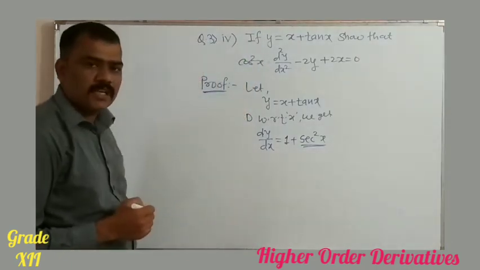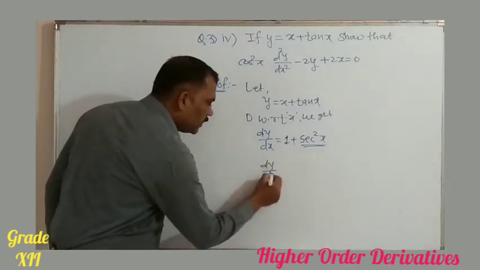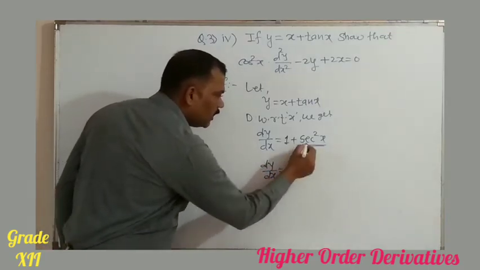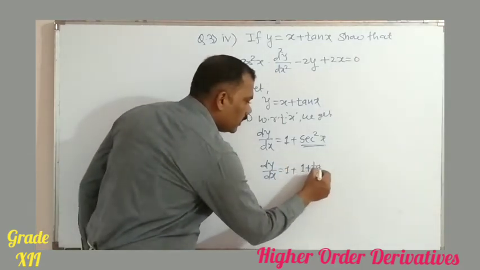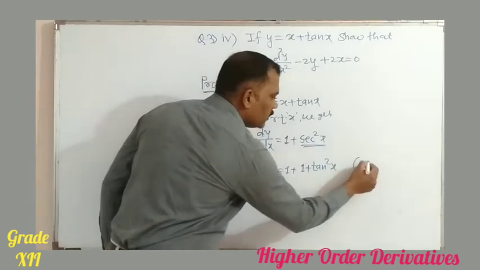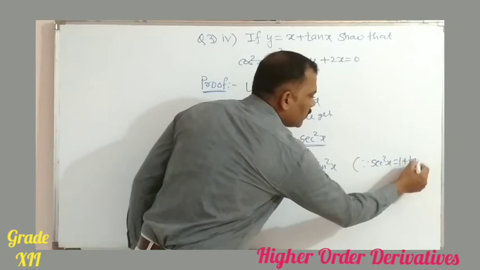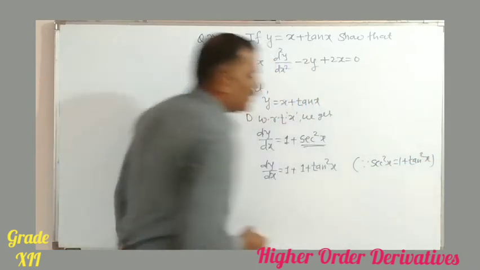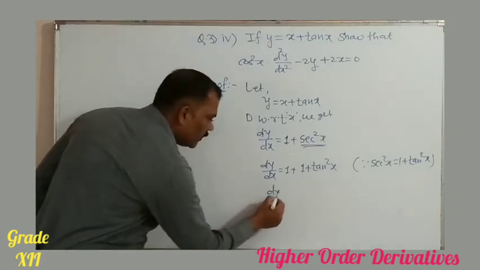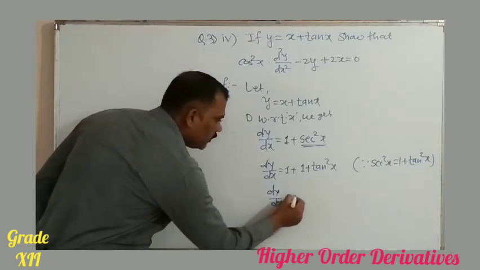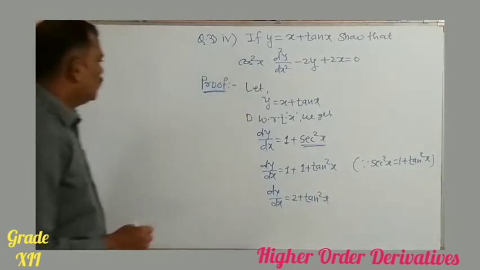What is the value of sec square x? 1 plus tan square x, so dy by dx is equal to 1 plus 1 plus tan square x, since sec square x is equal to 1 plus tan square x. So 1 plus 1 is 2, so dy by dx is equal to 2 plus tan square x.